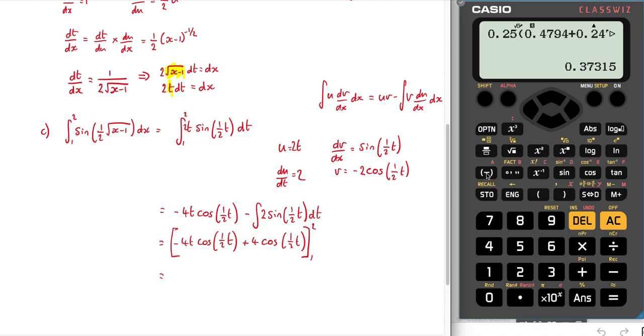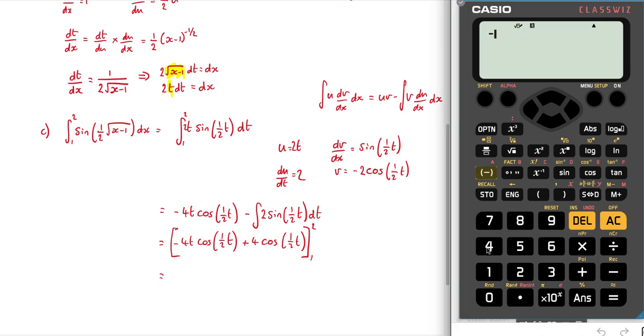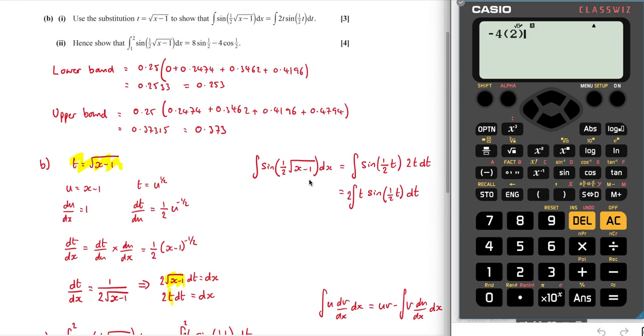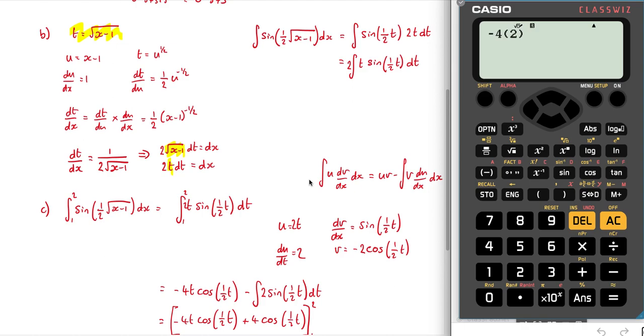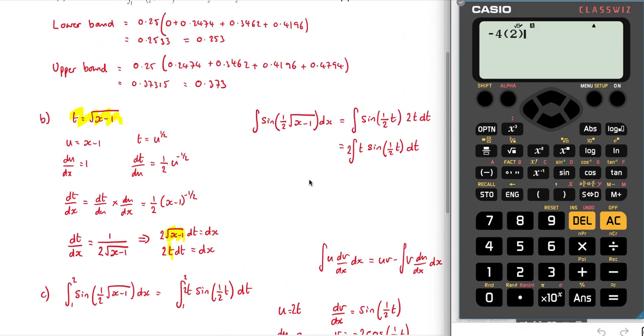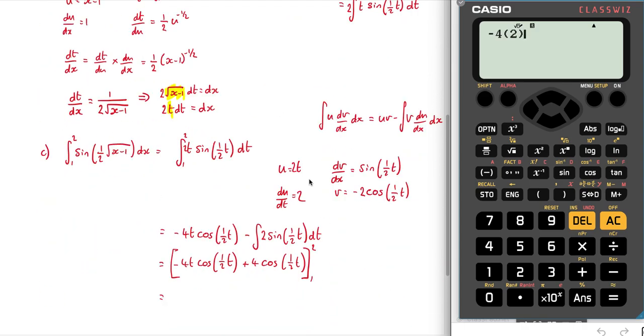So I've got minus 4 times 2. Do I want this in exact form? What am I looking for? I do want this in exact form. Oh, I haven't changed my limits, that's why.